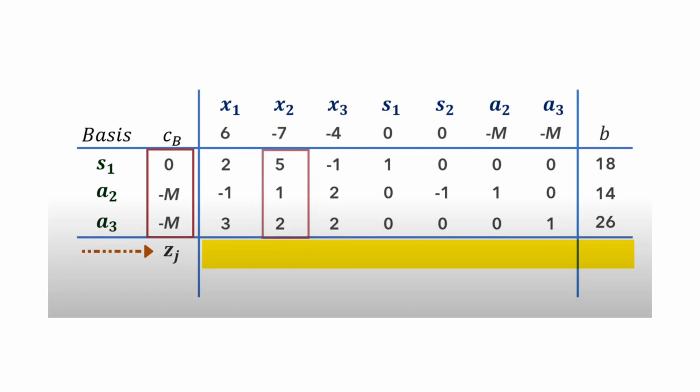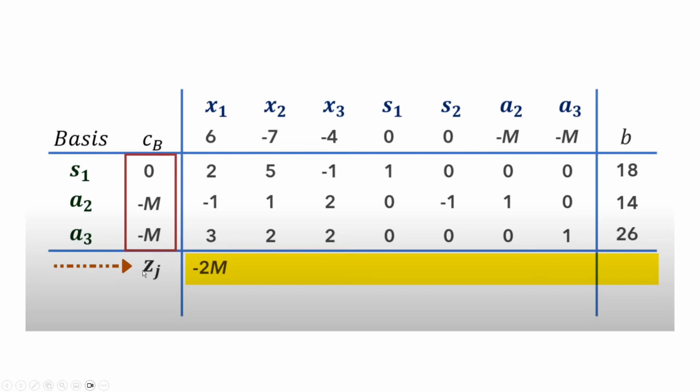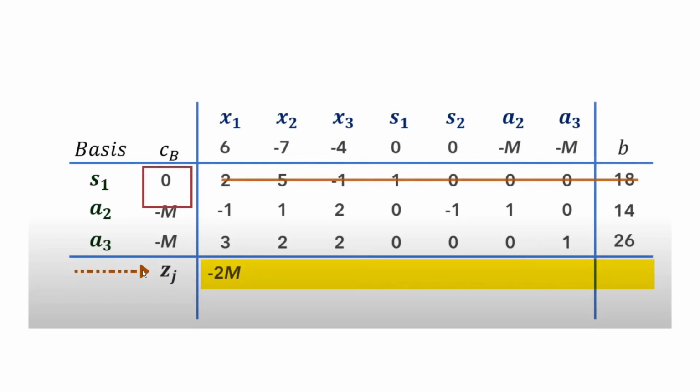Now, the ZJ values are calculated by taking the sum product of the CB column and each of the other columns. For the x1 column, we have 0 times 2 plus negative M times negative 1 plus negative M times 3, which gives M minus 3M, or negative 2M. For the rest of the columns, because of the 0 here, we can ignore the first row.